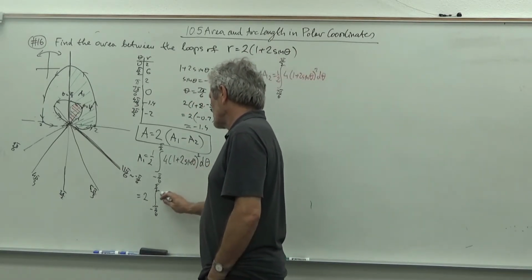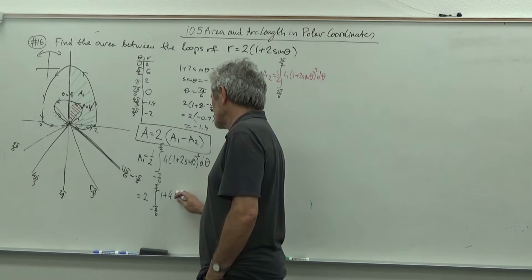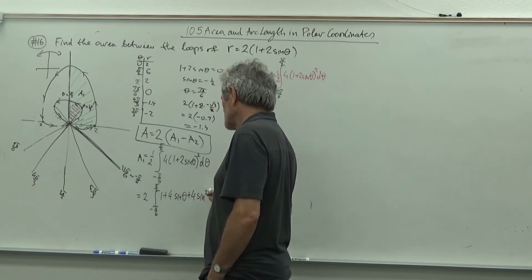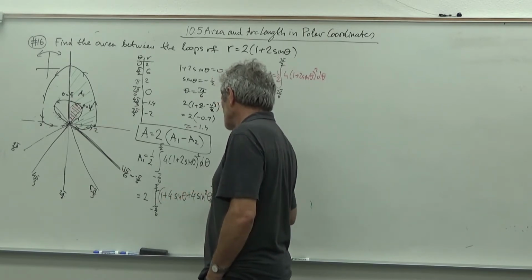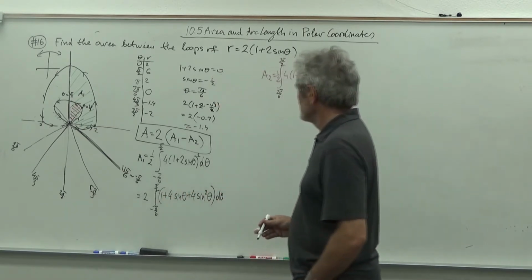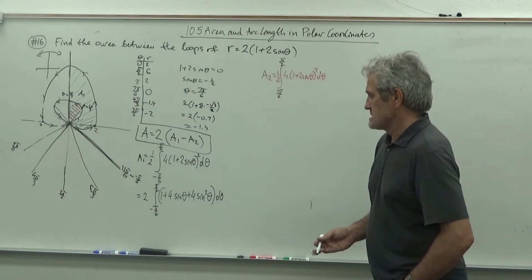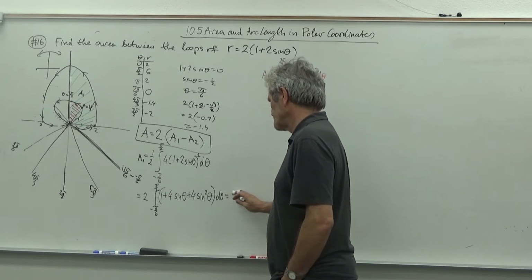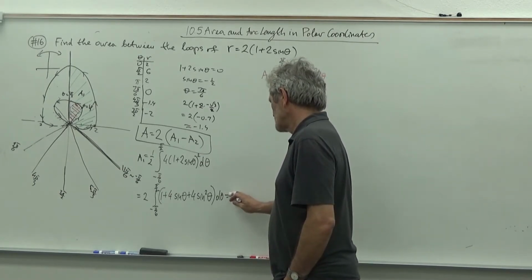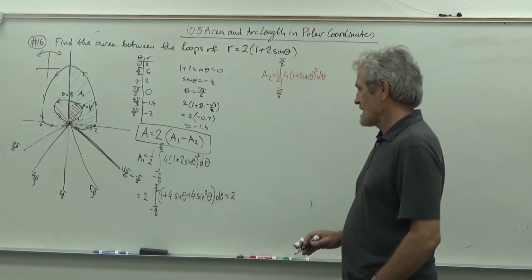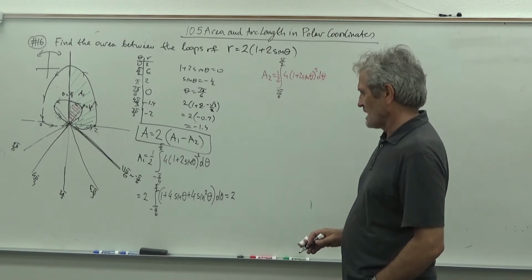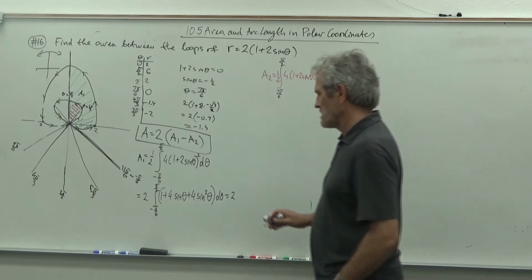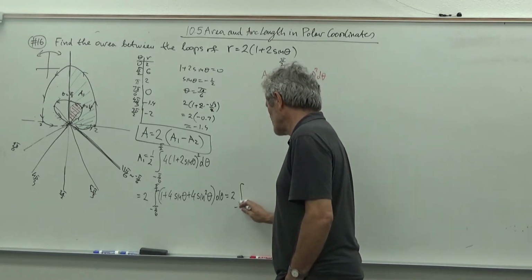I'll square this, I'll get 1 plus 4 sine theta, by the binomial square, plus 4 sine squared theta. How much is that? 2 times. And now I'll rush this a little bit. I'll start integrating, well, maybe not. Let me wait a little bit.